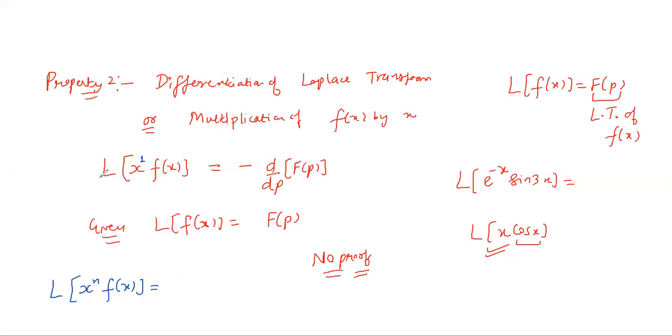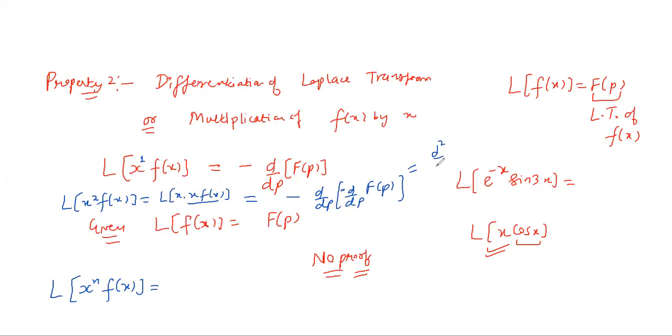You can say from this formula that L of x square f(x) is going to be, since you already know x into f(x) is minus d by dp, minus d by dp of d by dp of F(p), and one minus is already there. So this will give you d2 by dp2 of F(p). That means on multiplication with x square, you take the second derivative.